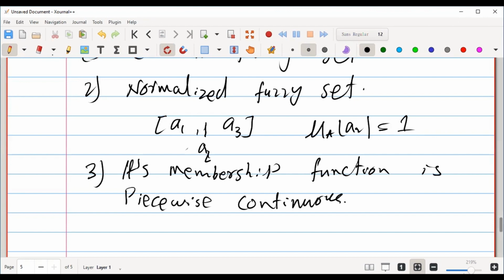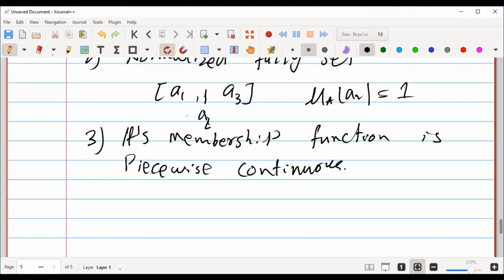It must be piecewise continuous because I define the interval in crisp value, which is A equal to [a1, a3]. Here the membership function for values less than a1 is 0, and for values greater than a3 is also 0, and between a1 and a3 it is 1. So we define a piecewise membership function here.